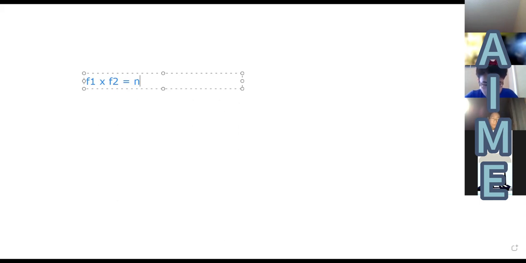So that means that 1 and n are one of the pairings of the factors of n. And the product of all the factors of n is equal to n to the number of factors over 2.